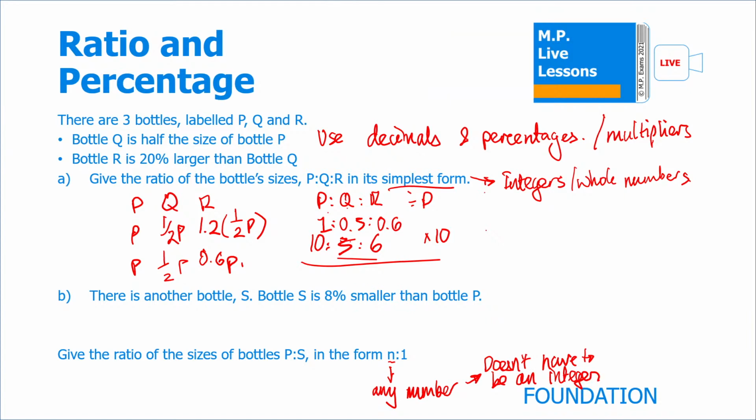So bottle S is 8% smaller than bottle P. So that will be 1 plus -8 over 100. This gets us 0.92. So 0.92 multiplied by the size of bottle P.